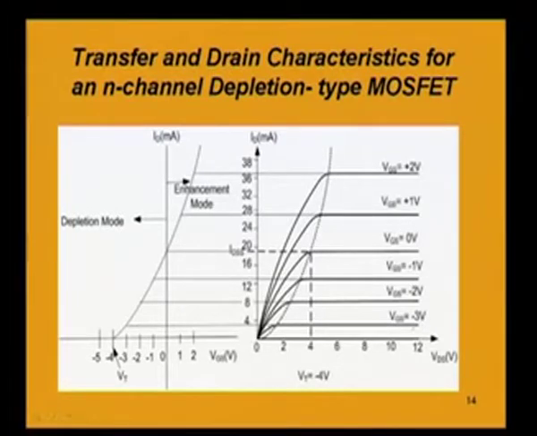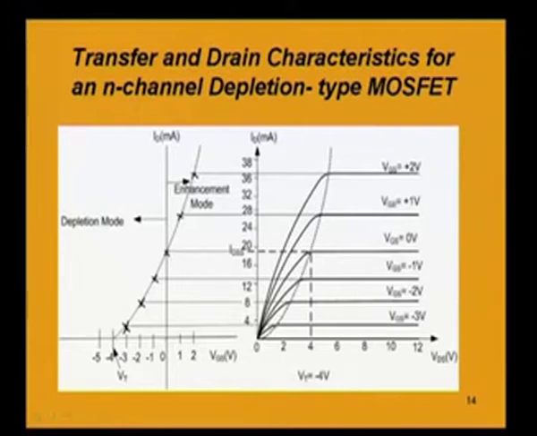So, the current when it meets that minus 3 volt, this point, we just mark this point, and next is minus 2 volt VGS. At this voltage, the saturation current is extended to the left and it is meeting the VGS minus 2 volt at this point. Similarly, all these points, if we now connect, we get a curve, and that is the transfer characteristic.